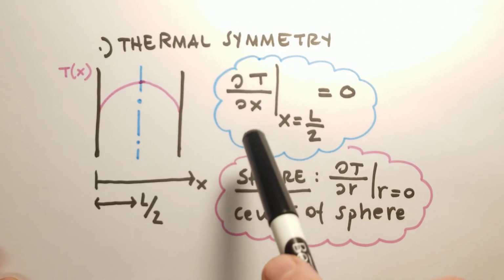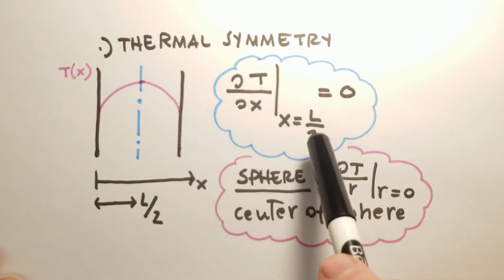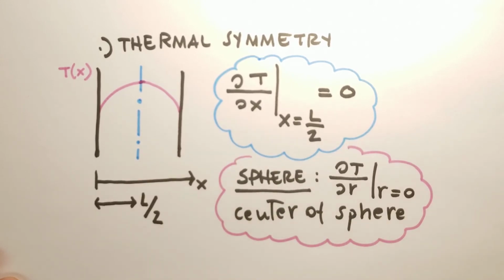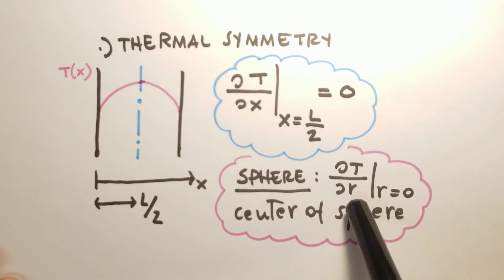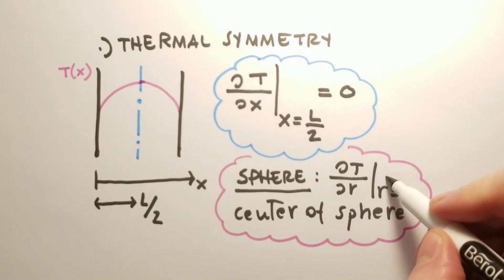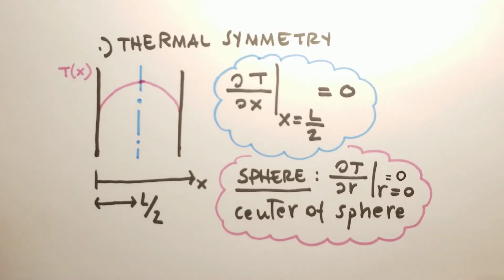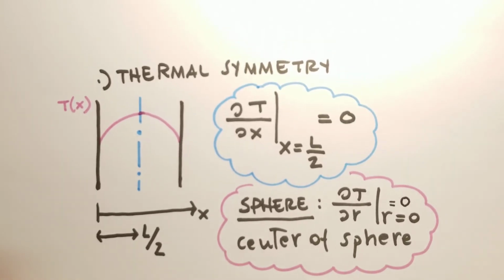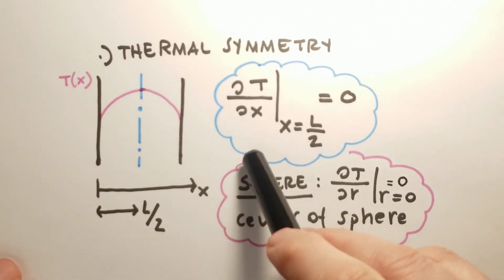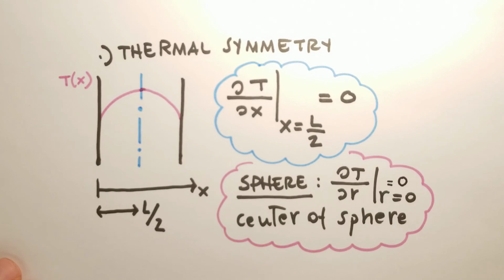We have partial T partial x at x equal L divided by 2, which is the midplane, equal to 0. Or in the case of a sphere, for example, we could have partial T partial r at r equals 0 equal to 0. So this is the center of the sphere, which is also a symmetry point. And of course, this boundary condition has a strong analogy with the insulated boundary.